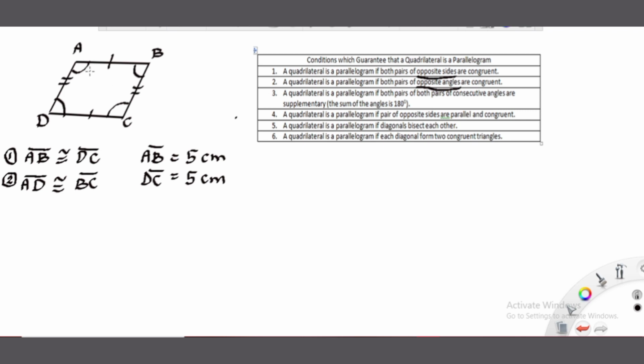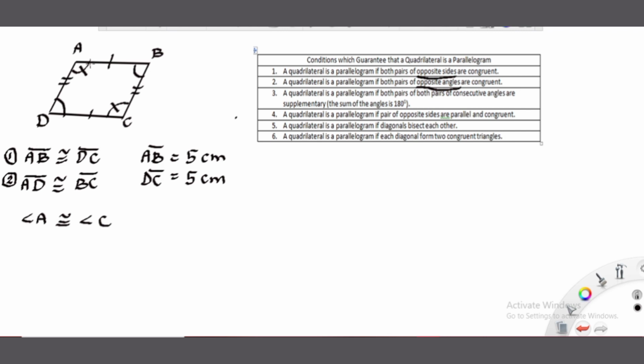Since angle A and angle C are opposite angles, and since this is a parallelogram, we can say that angle A is congruent to angle C. We know we have three different ways to name an angle, right?